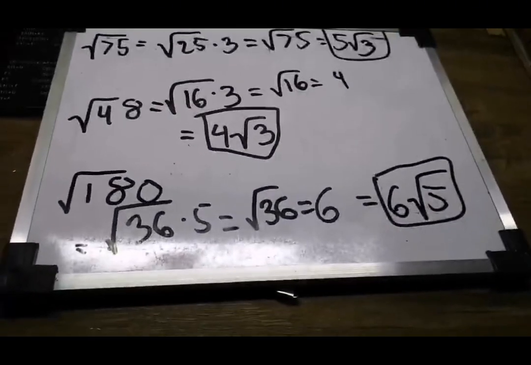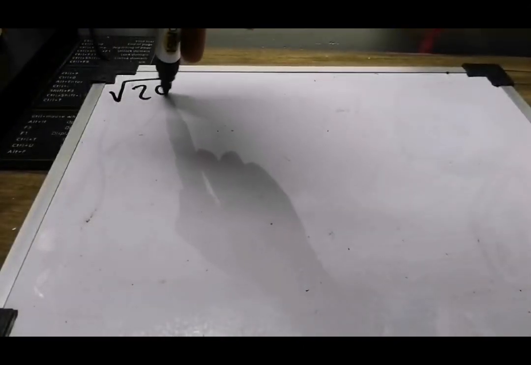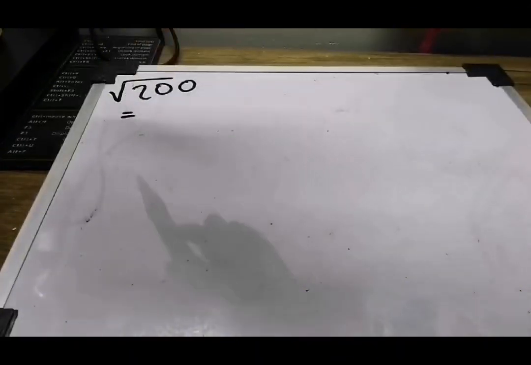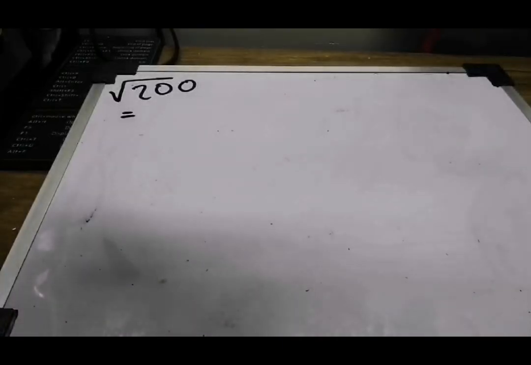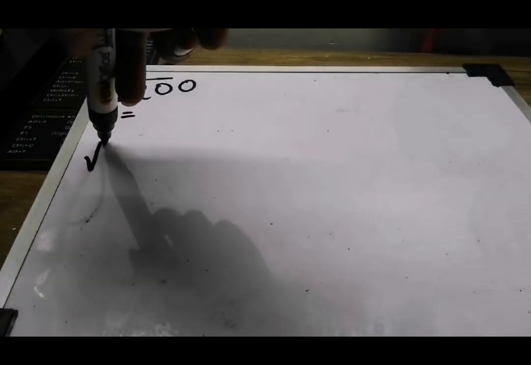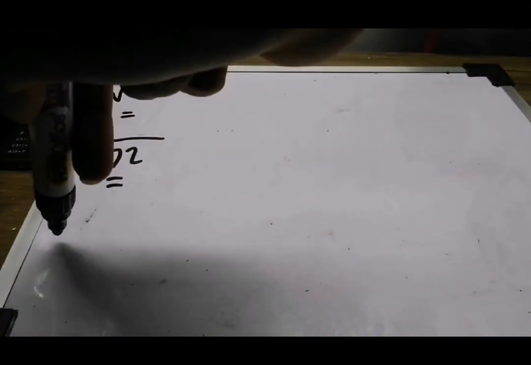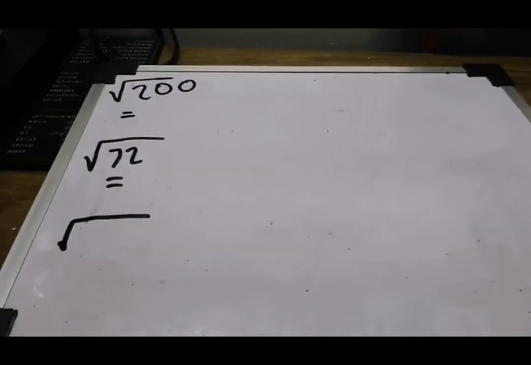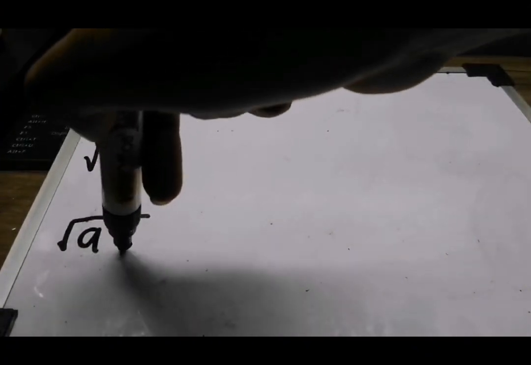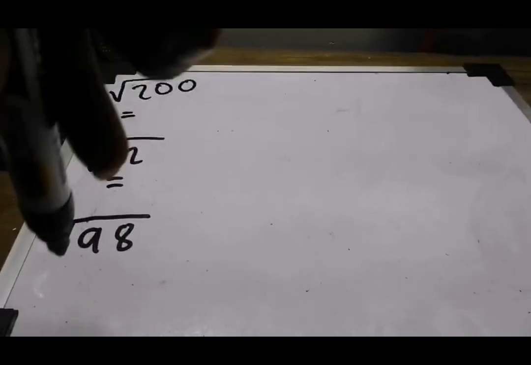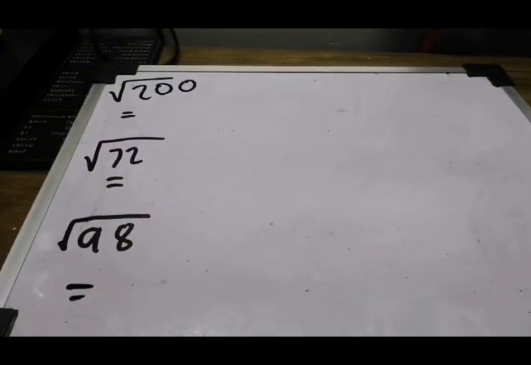So the next examples are, let's say we have the square root of 200. We'll just do the exact thing we did earlier. We also have the examples of the square root of 72 and then the square root of 98. Three examples, right?